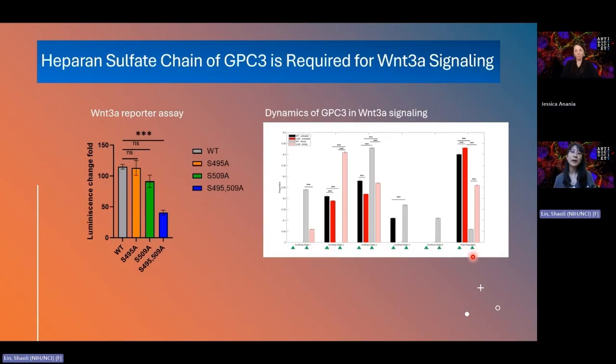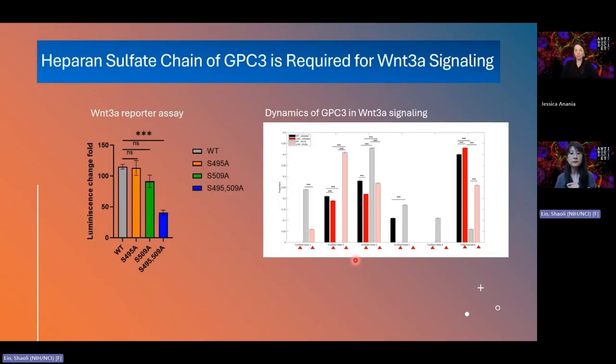And then to identify the role of the heparan sulfate chain, we further used the mutated construct to perform this study. And we see here, this is the molecules without Wnt3A treatment, which is represented by the red bar. And this pink bar represents the Wnt3A treated molecules.